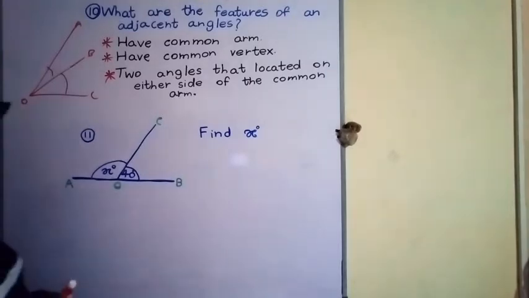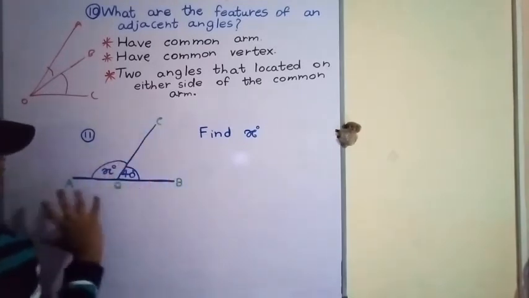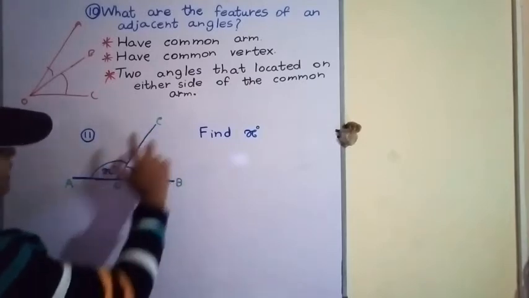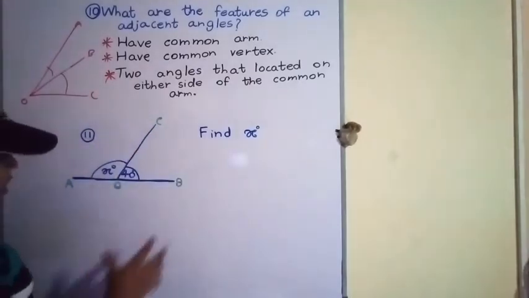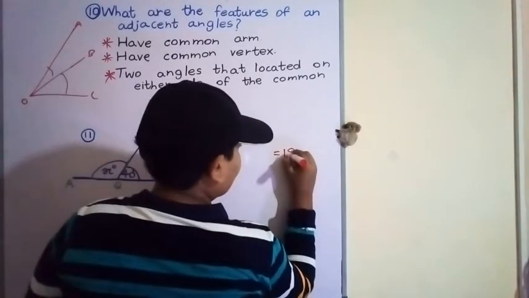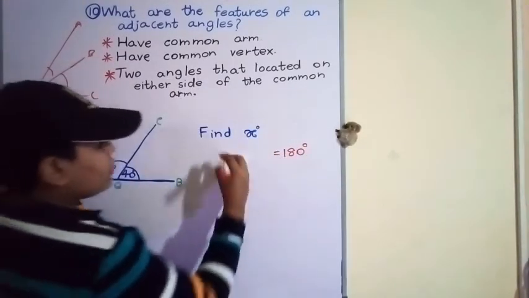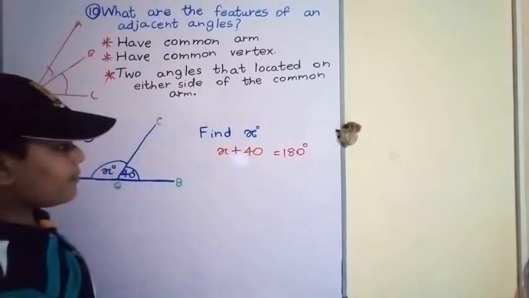In the 11th one, find X. Now you have a straight line AOB like this. This is also an adjacent angle. OC is the common arm and O is the common vertex. Find X. A straight line means 180 degrees. X plus 40 means 180 degrees.